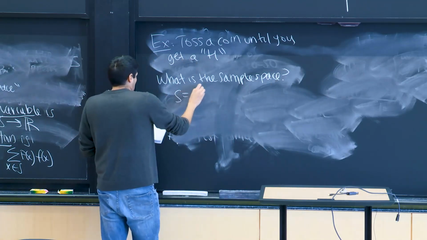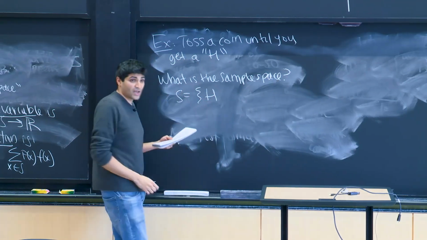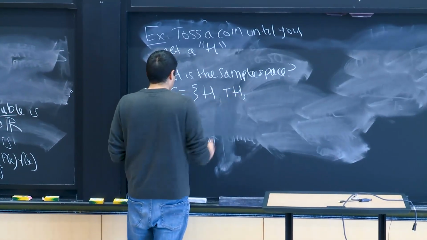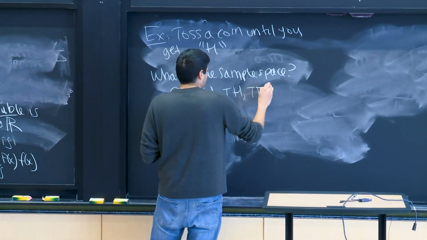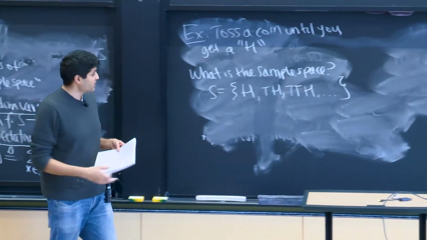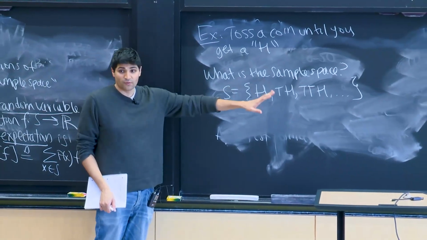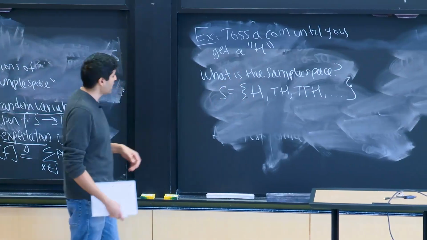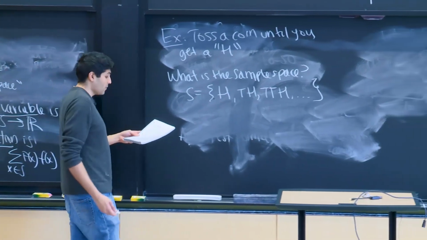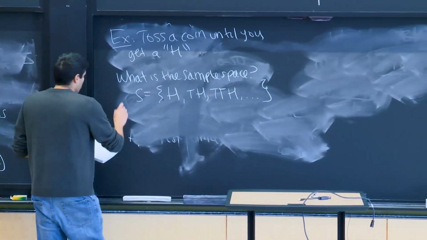Well, we could have the first coin as heads already, and we stop there. We could have tails, heads. Could have tails, tails, heads, and so on. So any sequence of tails, any length from 0 to infinity, with a heads appended at the end, that's our sample space. And we also care about what's the associated probability measure.